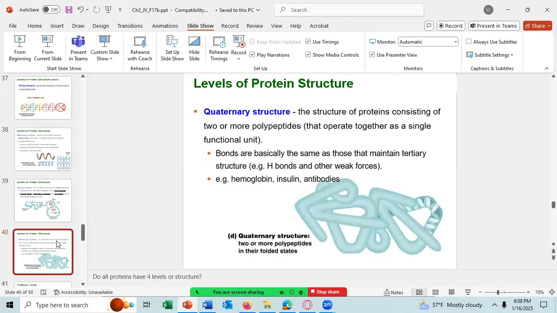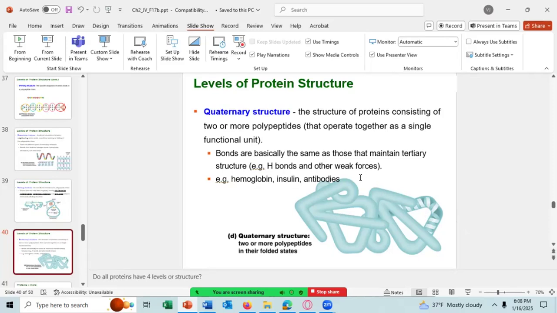But there are some proteins that have more than one polypeptide unit making the final protein. And antibodies are made up of four polypeptides. Hemoglobin is also made up of four polypeptides to make the final protein.